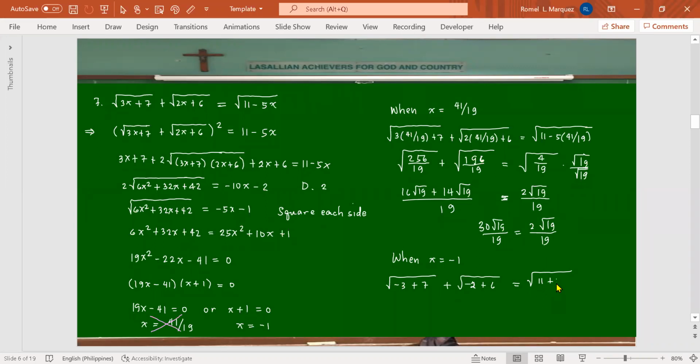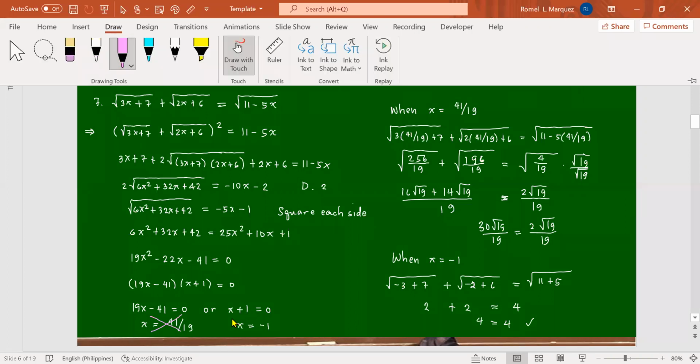It is now plus 5, right? Because times negative 1. So what is this? 2 plus 2. And what is the right side? 4. Is 4 equals 4? Check.